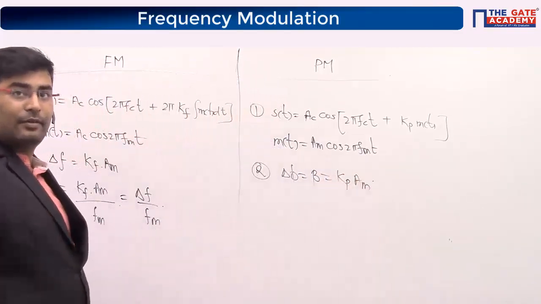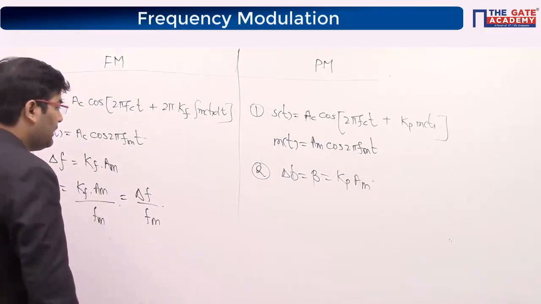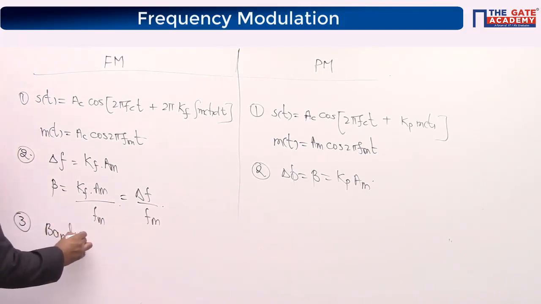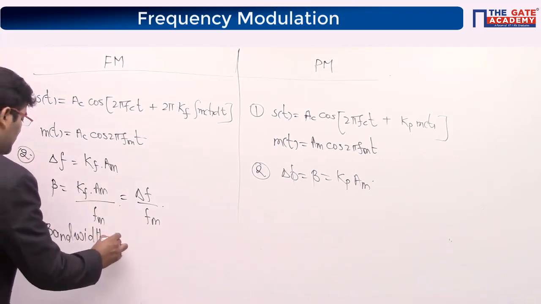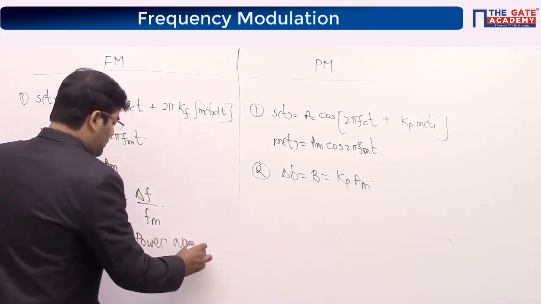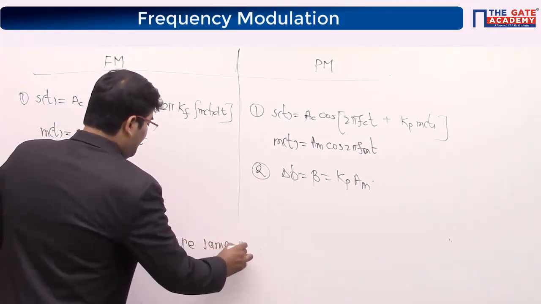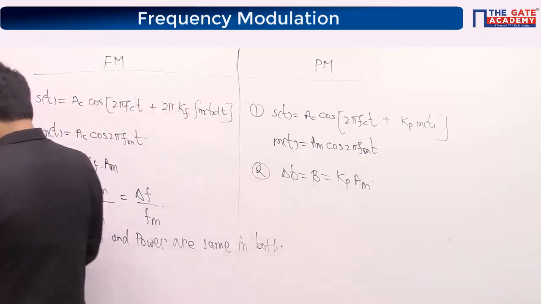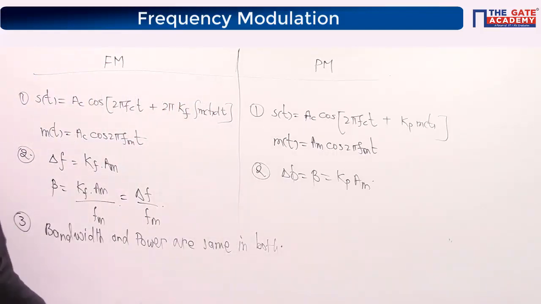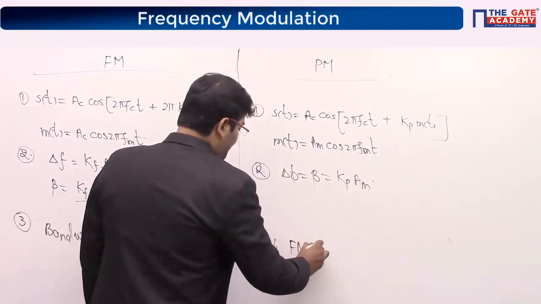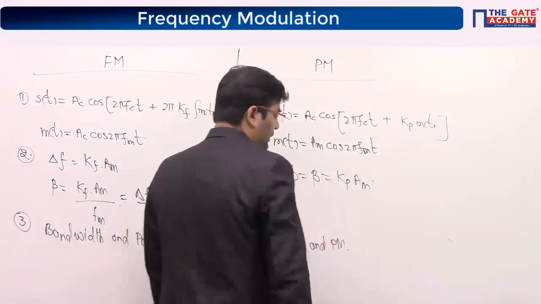No division by fm. Third pointer, which is I think common for both of them: bandwidth and power are same in both FM and PM.